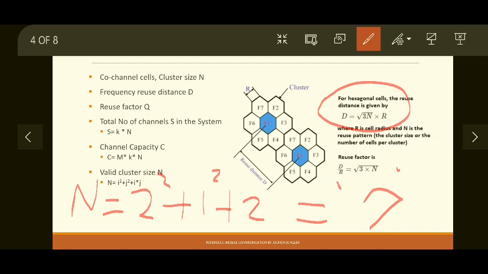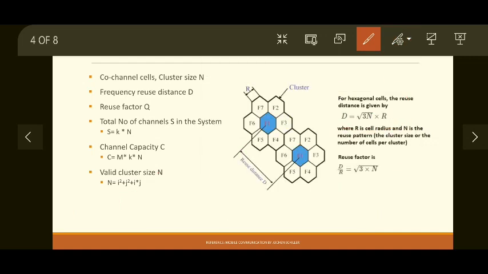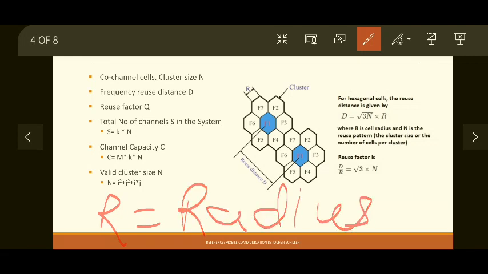So root of 21 into r in this particular example, where n is equal to 7. What is r? R is the radius of a single cell, the physical radius of a cell. So you can calculate the physical reuse distance d by using this formula.